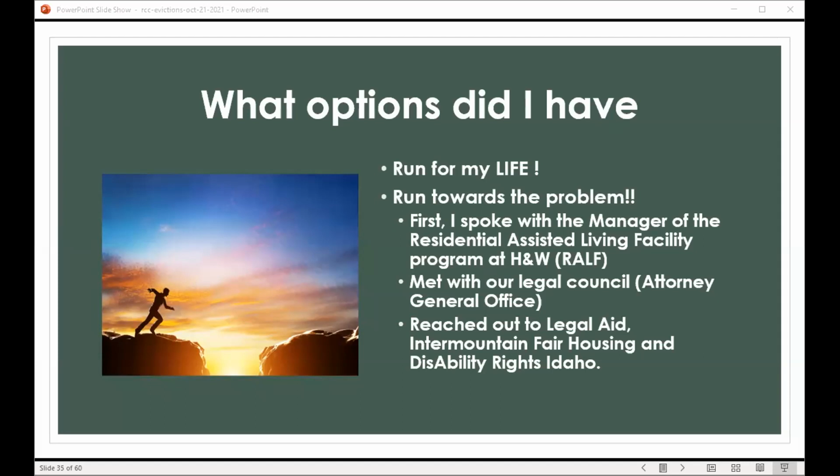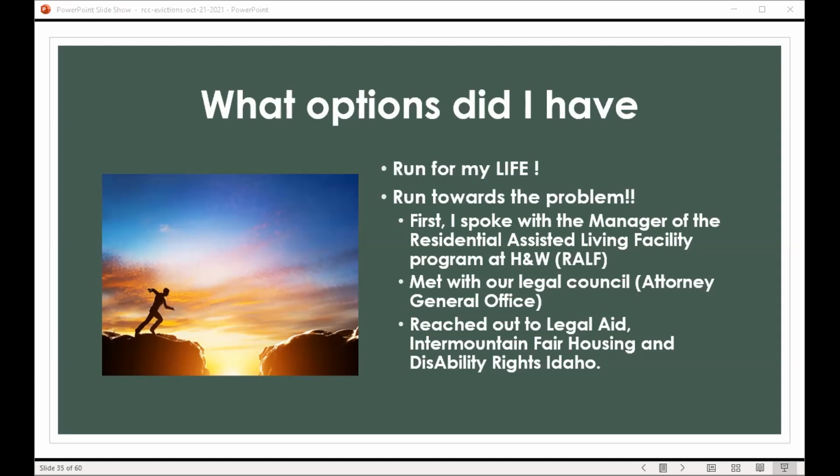And I reached out to legal aid and we discussed the issues that we were beginning to see here in Idaho, the increase of evictions from facilities. Facilities were told that yes, they were able to evict, and if a resident left a facility and came back during COVID, they could meet the resident at the door, provide them with a written eviction, and not readmit them.